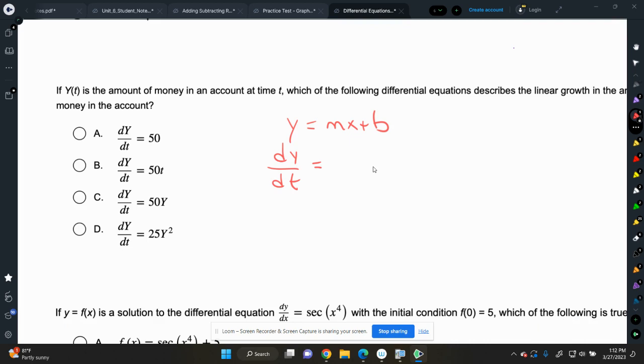If I take dy dt, what's the derivative of mx plus b? The derivative of mx is m, and b is a constant, so its derivative is 0. So dy dt equals m. Which one of these would represent that? A.